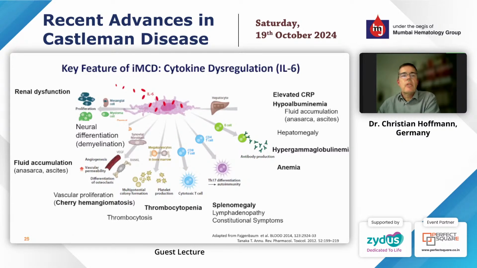The key feature of IMCD is cytokine dysregulation. IL-6 is the main cytokine involved, and this can activate or trigger many human cells: hepatocytes, T cells, B cells, megakaryocytes, also vascular cells. So many of these features are explained by the cytokine dysregulation of IL-6.